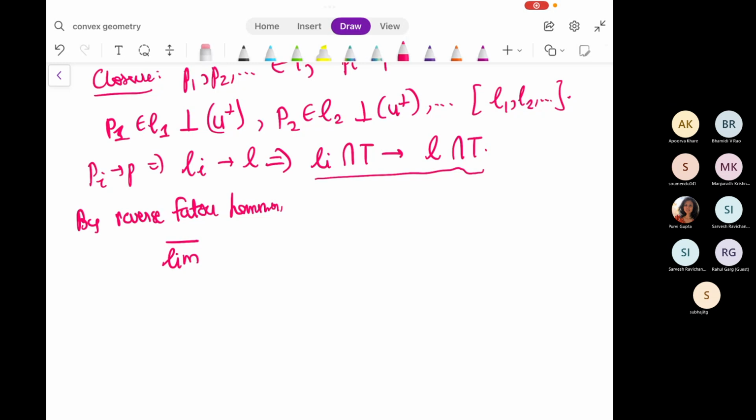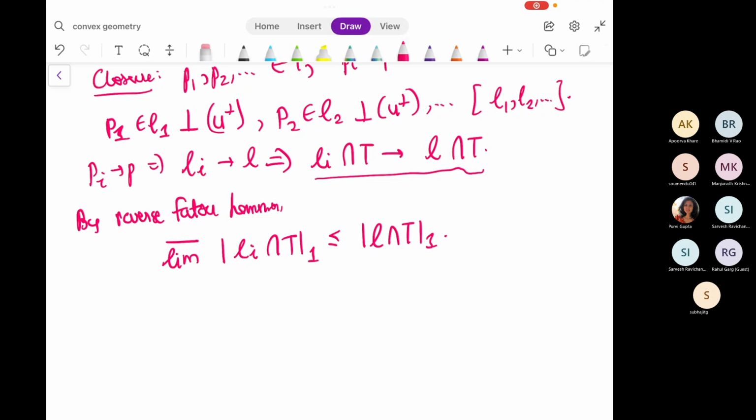This is just fairly straightforward, right? So by the reverse Fatou lemma, you can show the following. I'm just hiding a few lines of work here. Nevertheless, the one-dimensional Lebesgue measure of these intersections will be less than or equal to the Lebesgue measure of L intersection T.